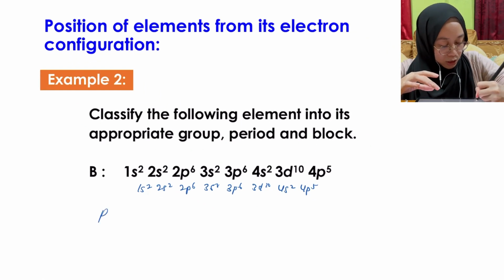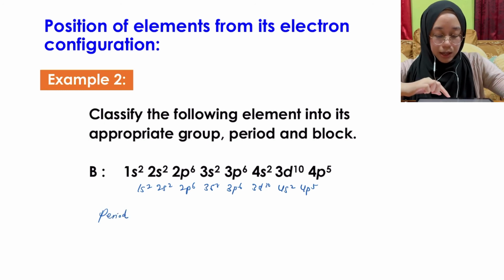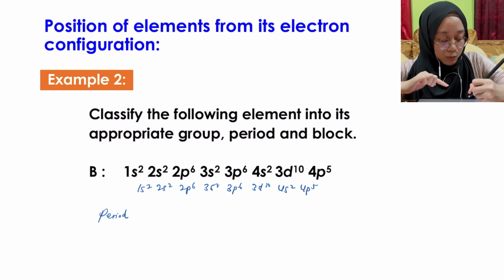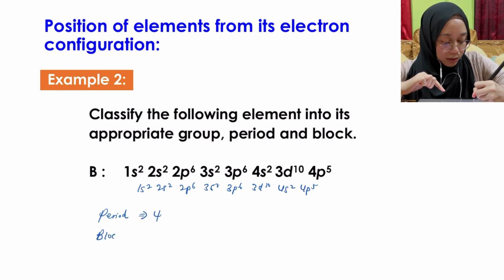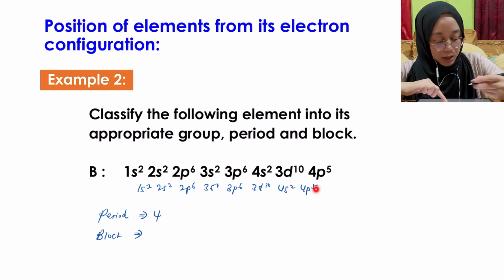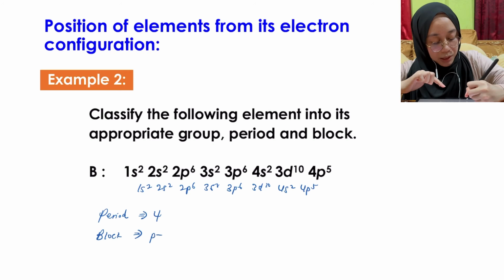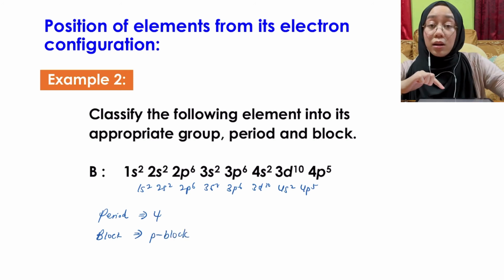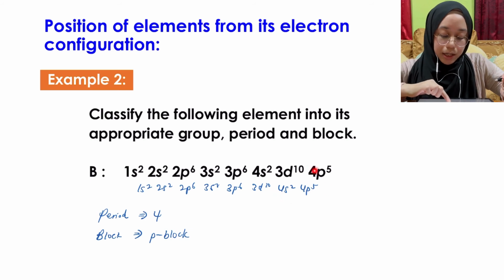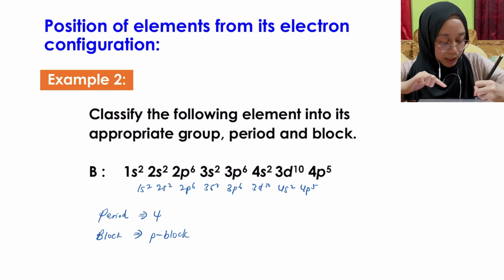Okay, so since the last part here, kita start dengan period dulu lah. Kita buat satu-satu. So period dia would be 4 because the highest n value yang kamu jumpa kat sini adalah 4. Okay, and then block dia pula, since the very last orbital yang kita isi adalah 4p, meaning it is in p block. And then the group pula, it depends on the number of valence electron yang kita ada.